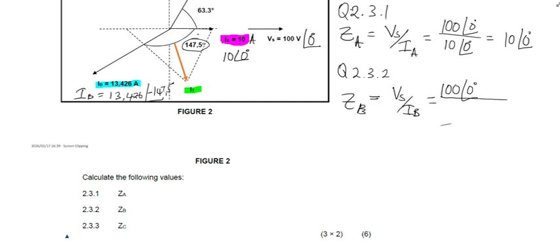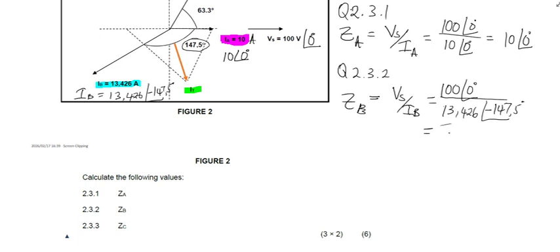So remember, in mathematics, when we take angles in the positive side, we go anti-clockwise. If they are negative, we go clockwise. So this angle is actually in the negative, clockwise direction. So that will give us 100 over 13.426 at an angle of negative 147.5.